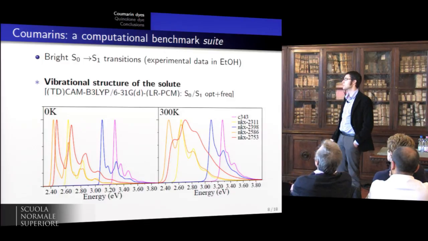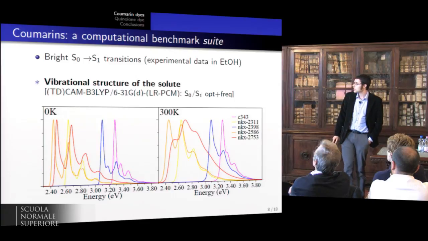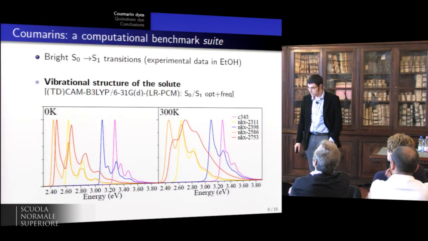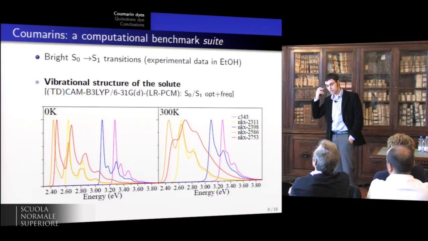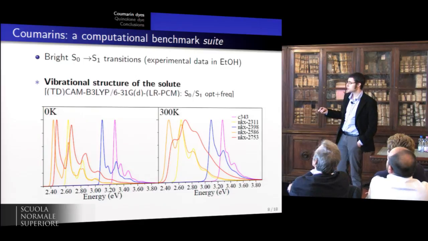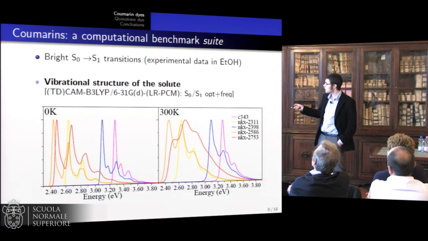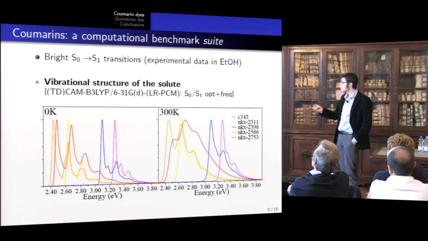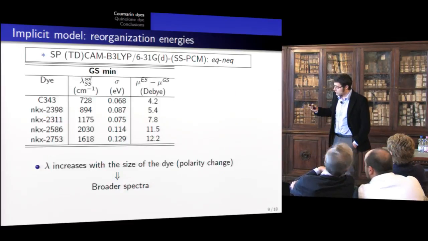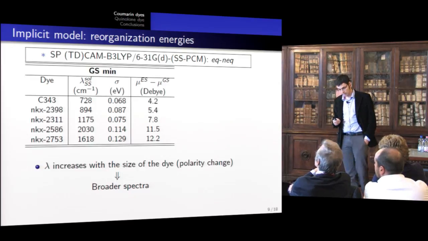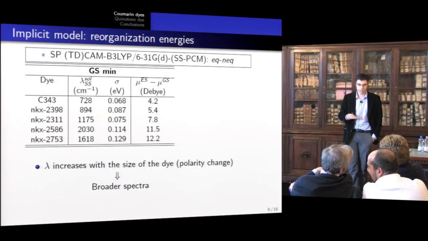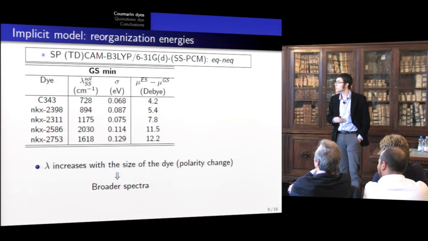We have used the CAM-B3LYP functional, and here are the results for 0 and 300 Kelvin, and already the vibrational structures of the solute have some differences between the smaller molecules, these two pink and blue, and the biggest ones. Then we have simulated the solvent-induced broadening by the implicit model I presented just before.